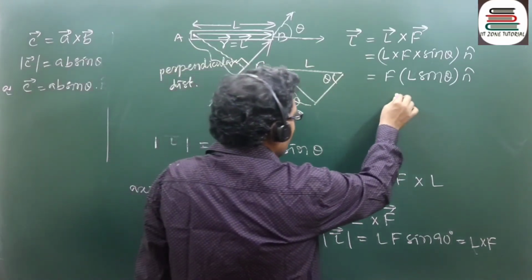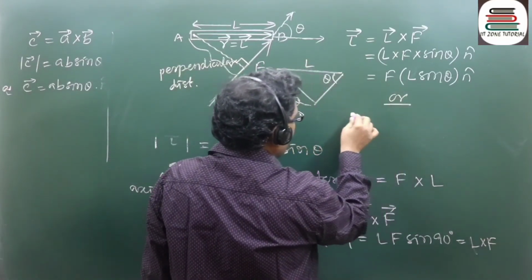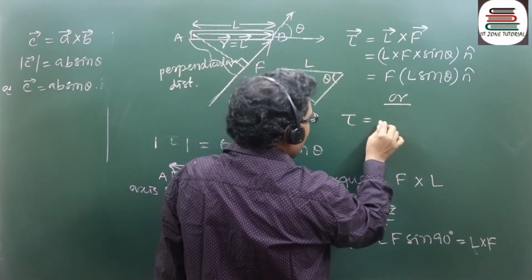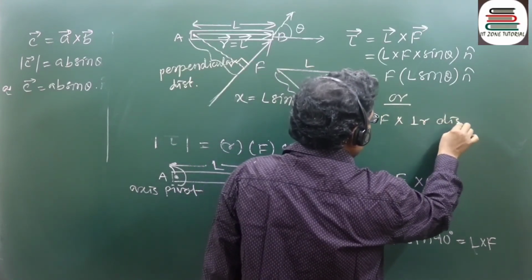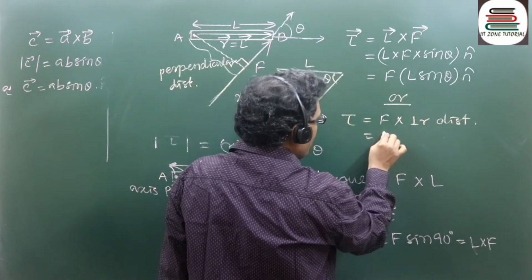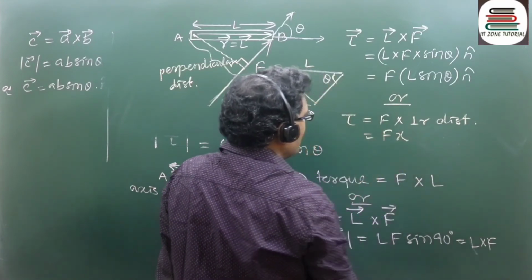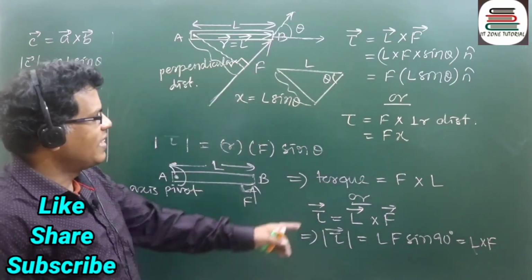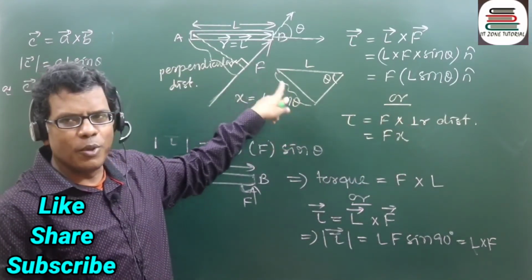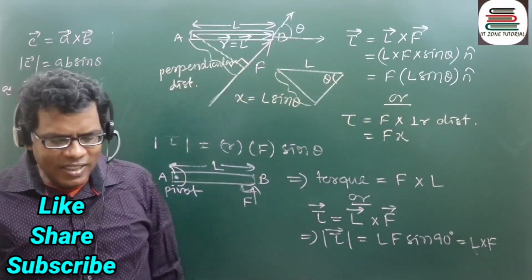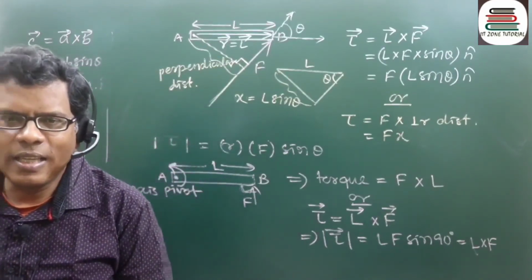So the other way of defining torque is force into perpendicular distance. So F into X is the perpendicular distance, and is this X equal to L sin theta? Is it proved? Are you getting the same thing?